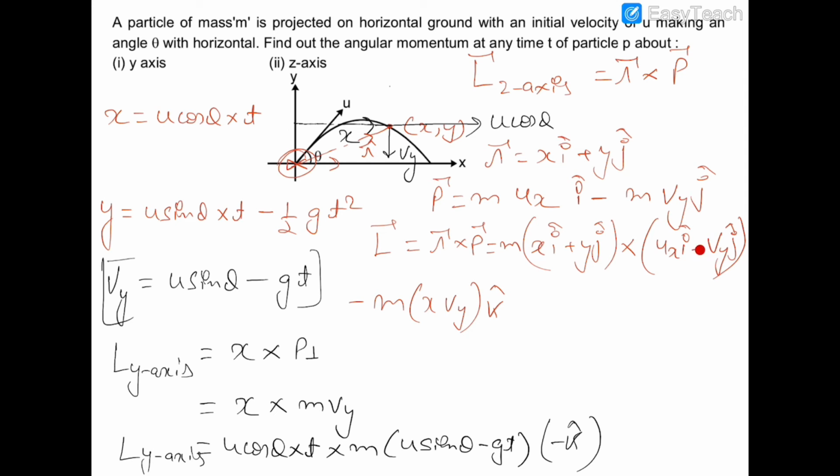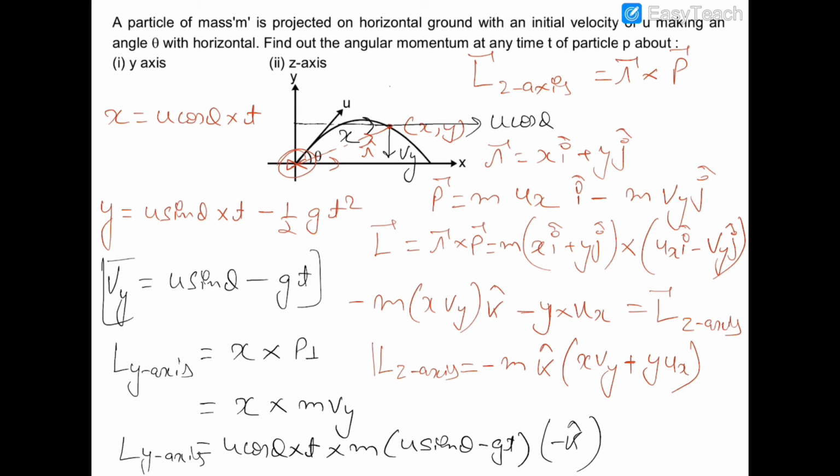This minus is due to this one, and j cross i is minus k as well. So this is minus y into ux, and j cross j is 0. So the angular momentum about the z axis will be equal to m, with minus k cap common, and this is x vy plus y ux. So this is the angular momentum about the z axis.